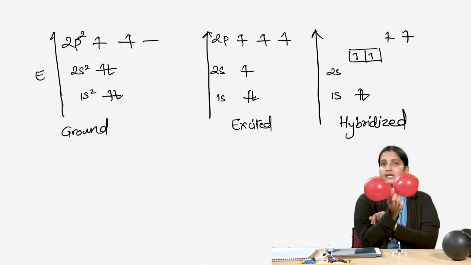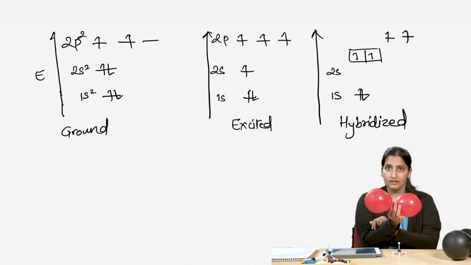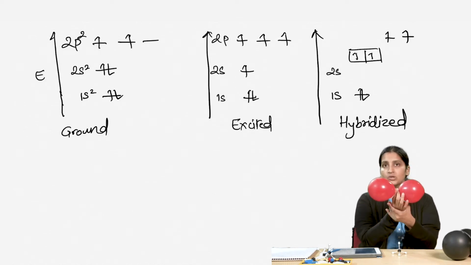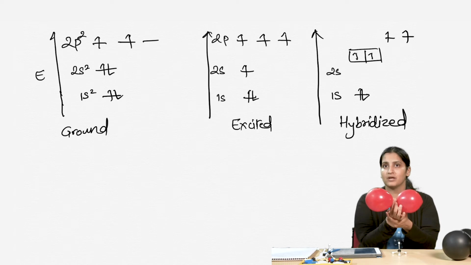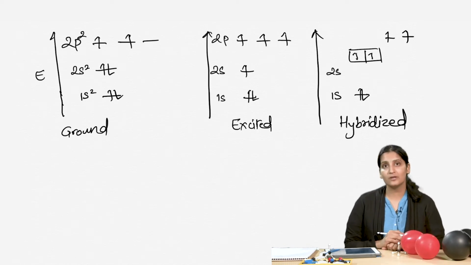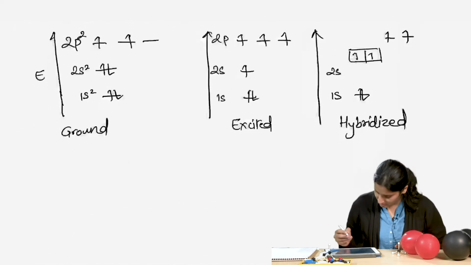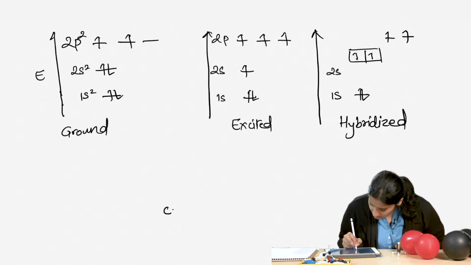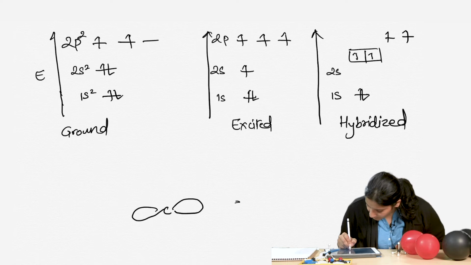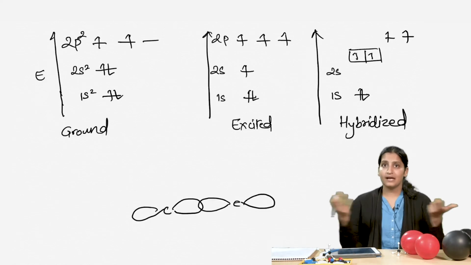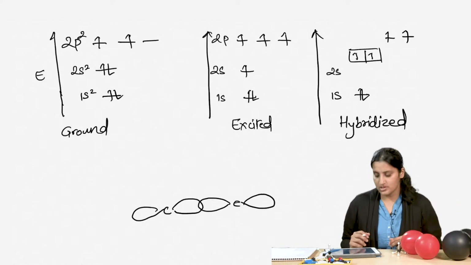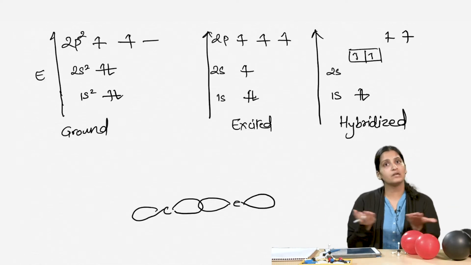So, in the case of let us say acetylene, you have two of the carbons that are sp hybridized. So, let us look at the orbital overlap in order to see the structure. So, each of these carbons is sp hybridized, and what I have here is their orbitals are at 180 degrees with respect to each other, or you can also call the geometry to be linear.